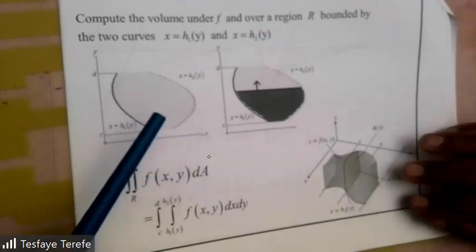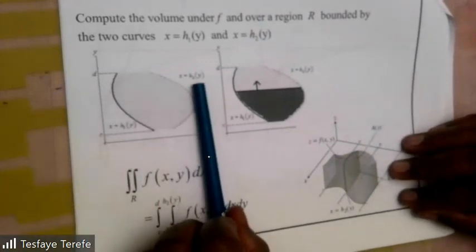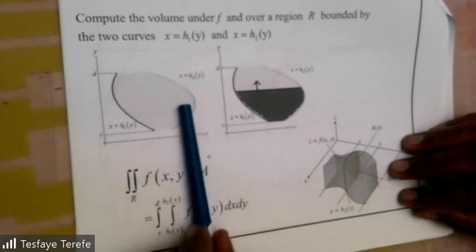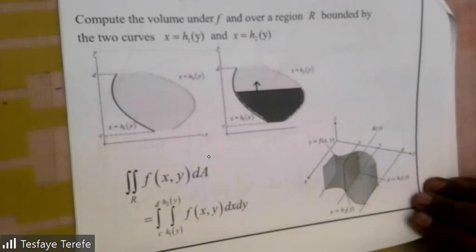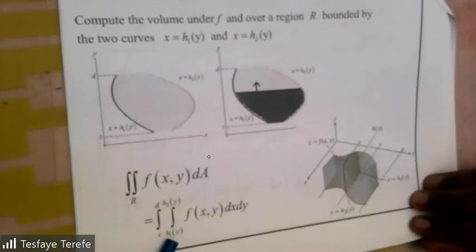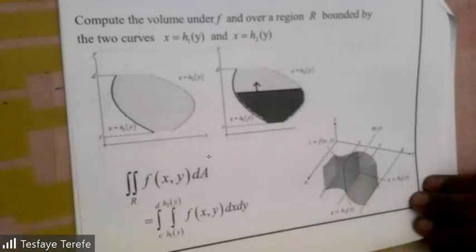You put the right limit minus the left limit as the boundary, and that is h1(y), the lower, and h2(y) is the upper one.